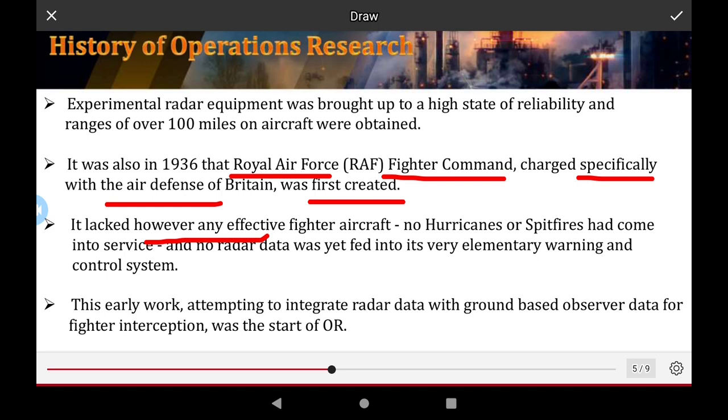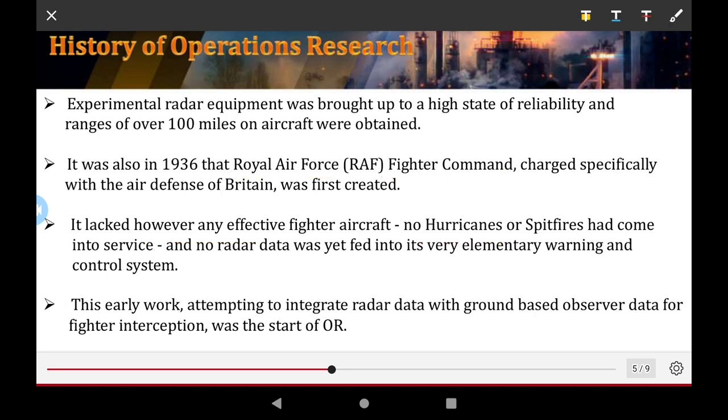Radar data was not fed into it; it was a very elementary system of wiring and control, according to the operation research used in 1936 by the British government.